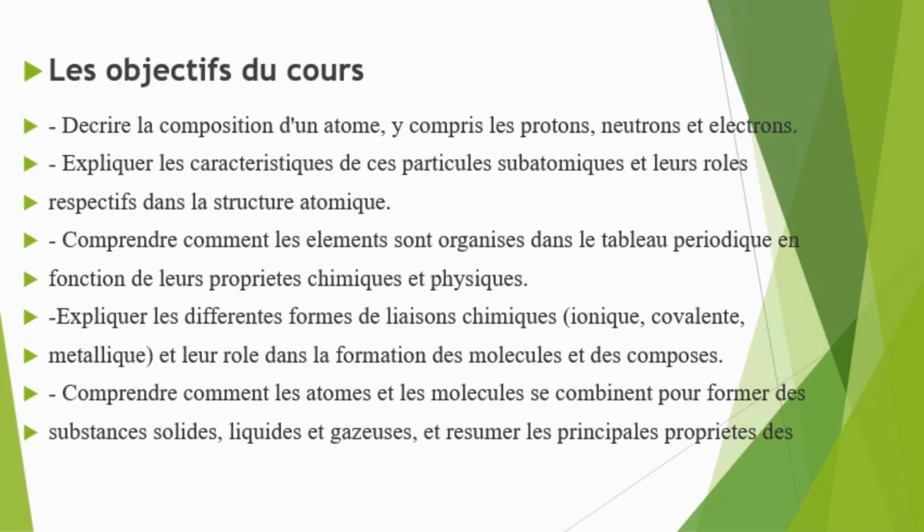Comprendre comment les éléments sont organisés dans le tableau périodique en fonction de leurs propriétés chimiques et physiques. So here it's the part of periodic table. Try to know more about the elements, definitions, and their classification and organization inside the table. So we have the column, we have the line, and so on.